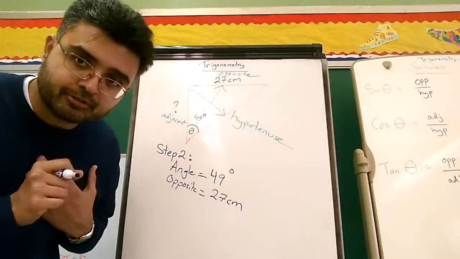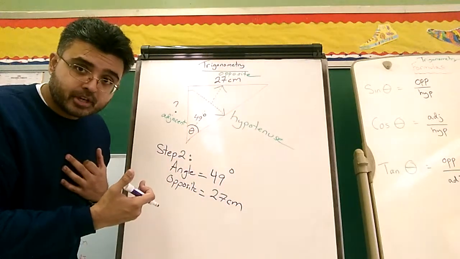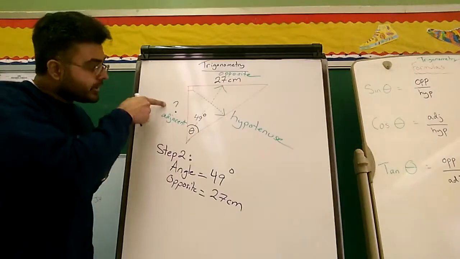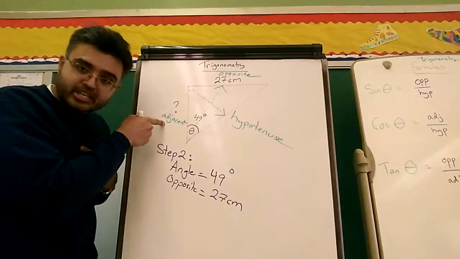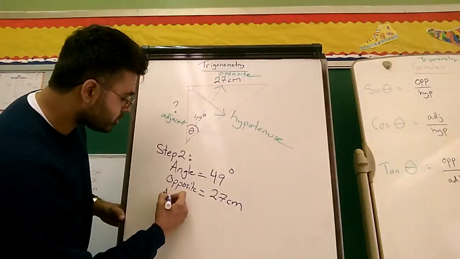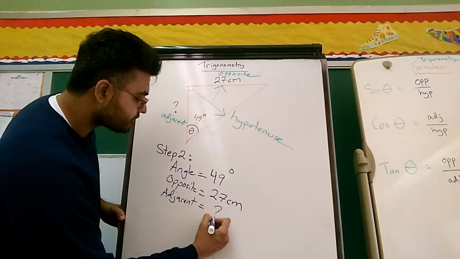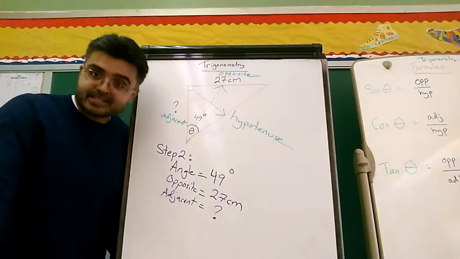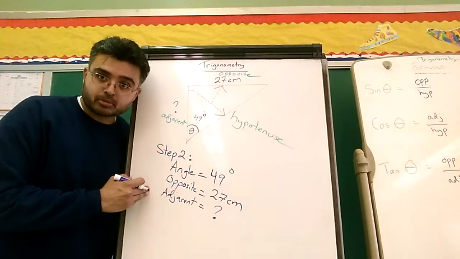What length do we care about? Well, let's take a look at the question mark. Aha, question mark right here. We care about the adjacent. We have to find the adjacent side. That is what we have to figure out using math. And that's it. Step 2 is done.